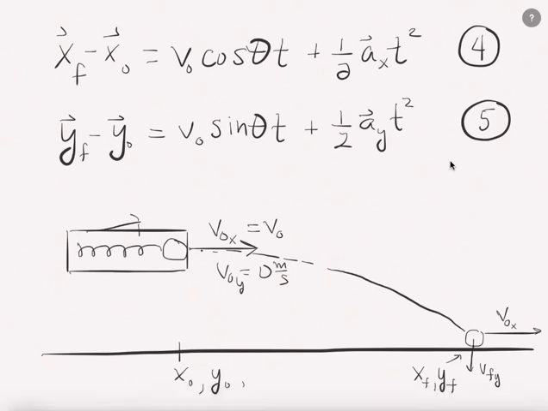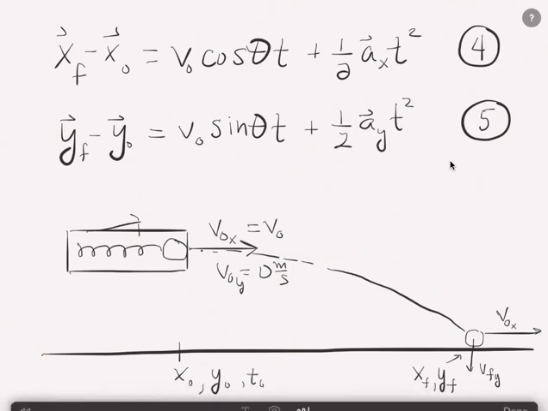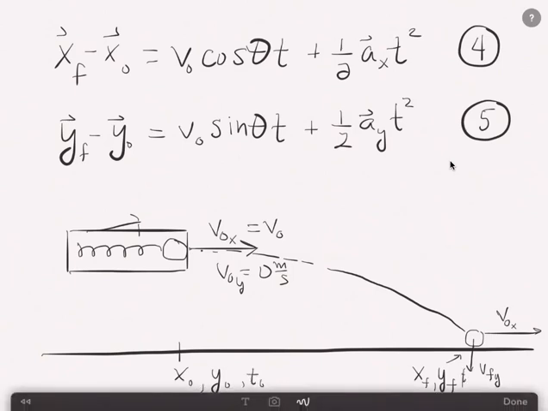So it's going to have an initial time and a final time. And we know that the time final minus the time initial is just going to end up being t. So this is pretty much how our experiment is going to look. We're going to take those two equations above, 4 and 5, and calculate the initial velocity.